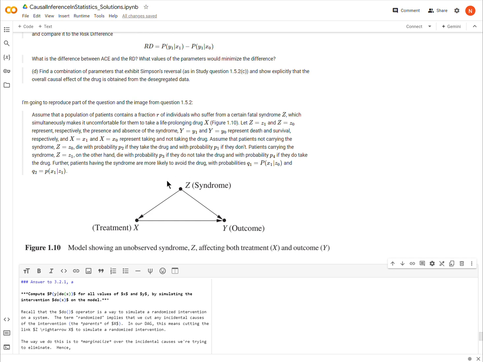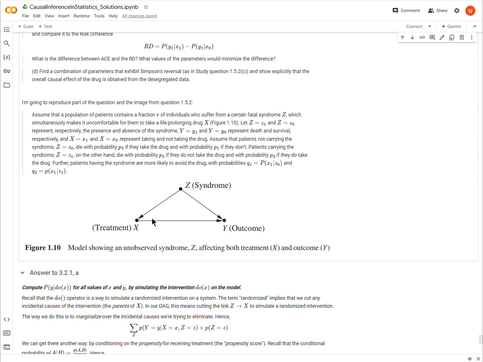The basic idea in that question, and also here, is that we have this system where people are receiving treatment X based on the presence or absence of a syndrome Z, and their outcome is determined by both X and Z. In the question, the probability of receiving a treatment or not, given the presence or absence of the syndrome, are given different probabilities encoded generically as P1, P2, Q1, Q2, etc. I'll let you get familiar with those.